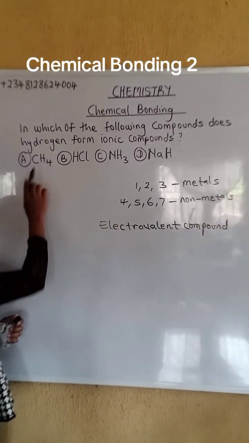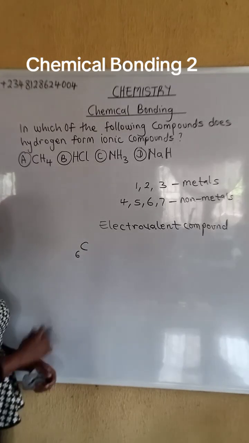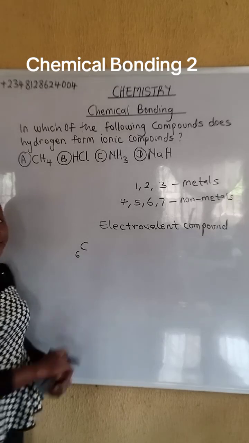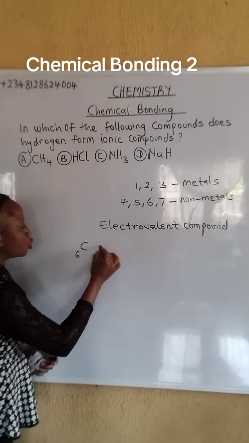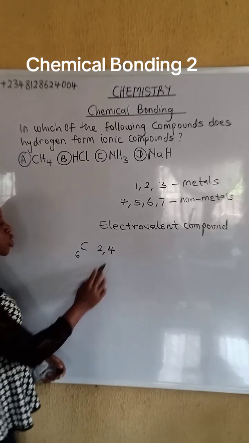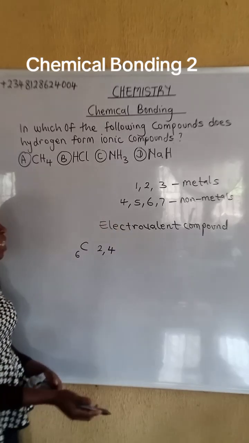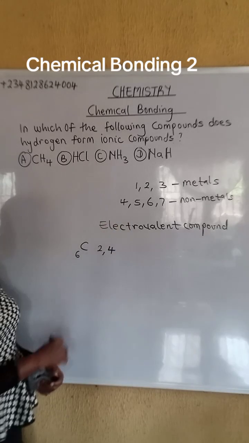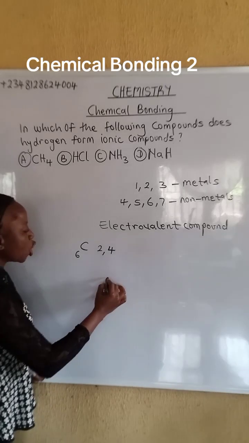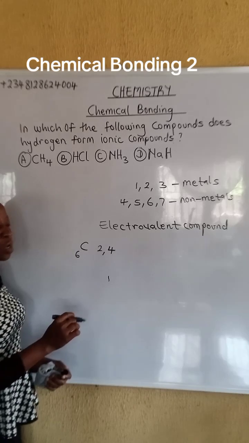Now, is carbon a metal or a non-metal? Carbon is the number 6 in the periodic table. When you write the shell electronic configuration of carbon, that will be 2, 4. 2 plus 4 will give us 6. So it has 4 valence electrons, so therefore it is a non-metal. Then let's look at hydrogen. Hydrogen is a non-metal because it has only 1 valence electron.